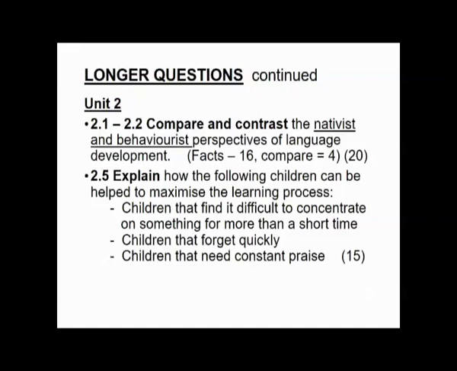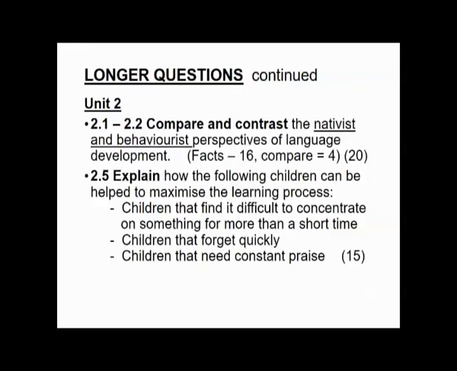Now, these are theories, and they're not the same. All 4 theories differ. So make sure that you know the 4 theories and how they differ. Can you compare them? What does the nativist say, for instance, compared to the behaviorist perspective? So compare and contrast. What will you do?